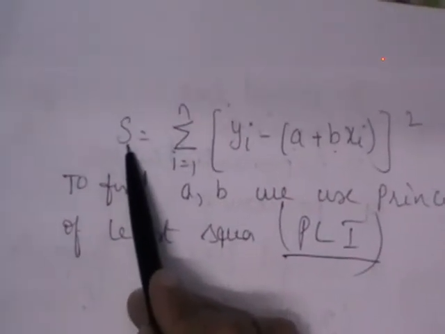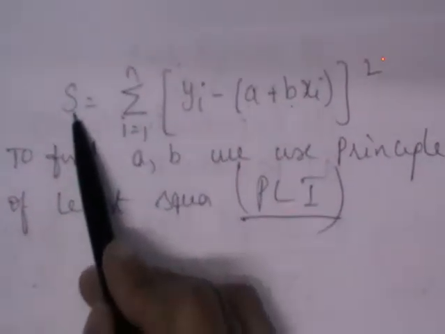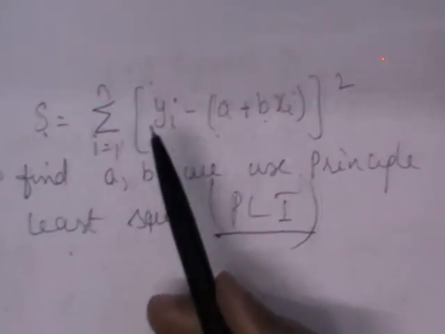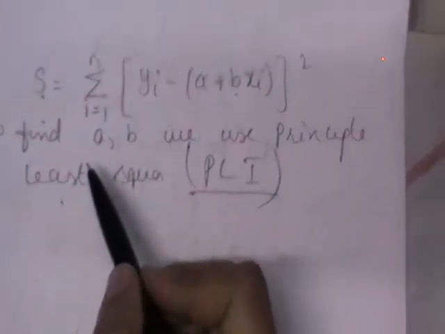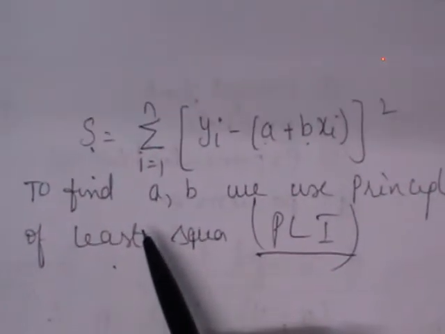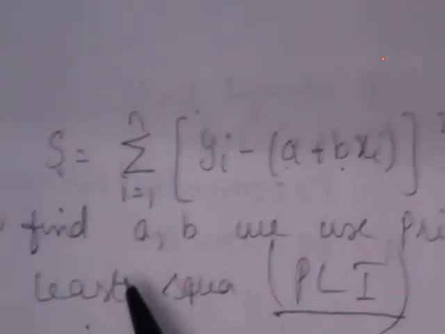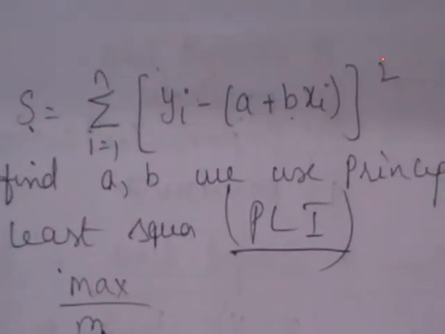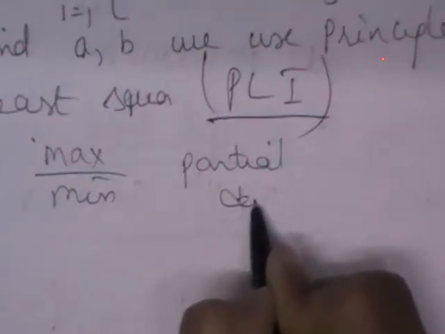As you know, minimizing a function involves maxima and minima, which we did in the first year of mathematics also. For maximizing or minimizing, you find the partial derivatives and equate them to 0.